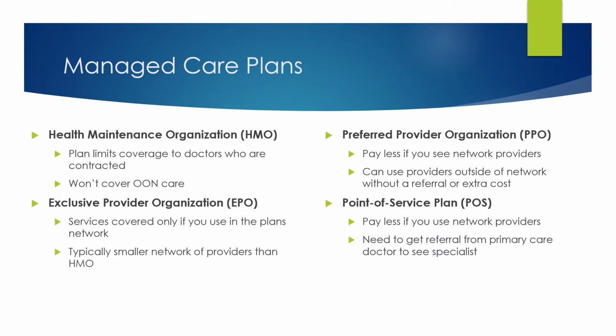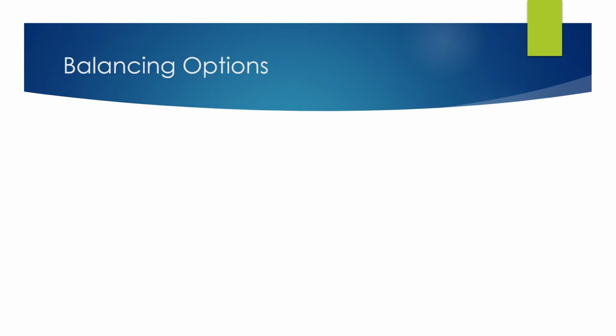Enrollees are required to choose a primary care physician within a certain time frame after enrolling, but referrals are not typically as necessary. Enrollees are required to get prior authorization or approval from their plan, just like the other plans I've mentioned today. So we'll go to the next slide.